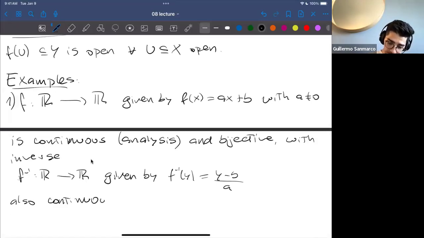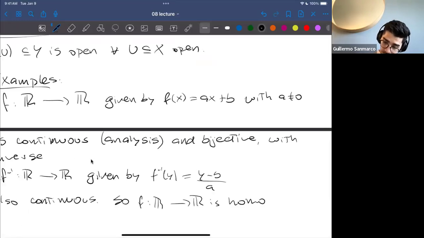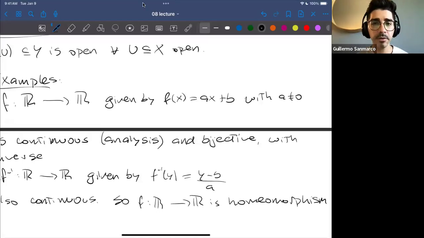So this f is a homeomorphism. Are there any questions so far?